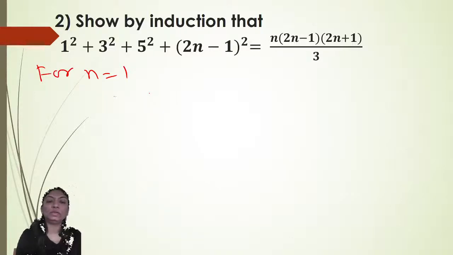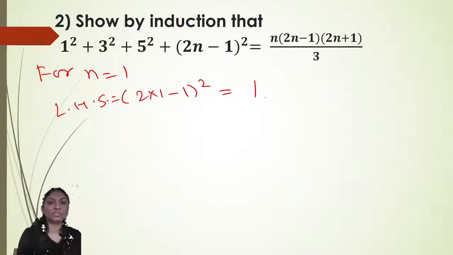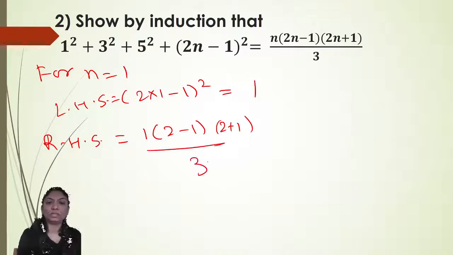We will get here 2 into 1 minus 1 bracket square on the LHS, that is 2 minus 1, so it is 1. Okay, now write the RHS: 1 into 2 minus 1 into 2 plus 1 upon 3.